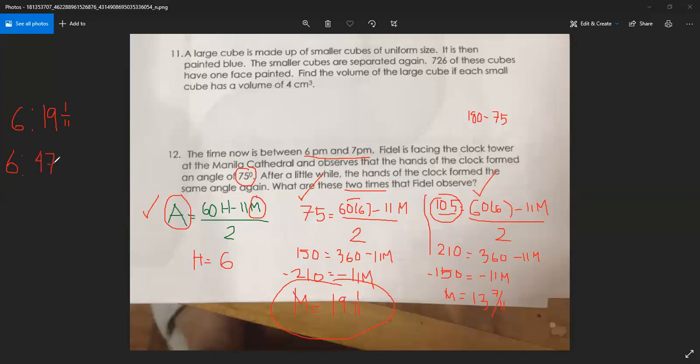How about the fraction? You would simply subtract 1 minus 7 over 11, and that will be 4 over 11. So these are now the two answers for number 12. Question?